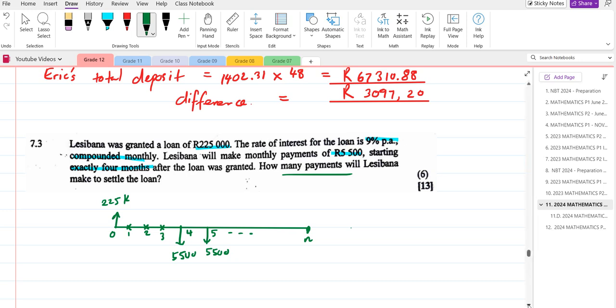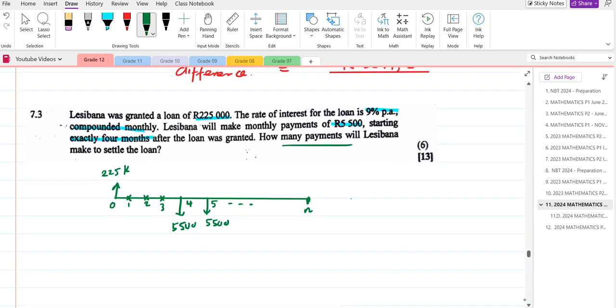It's like she took out a loan. How many payments? Number of payments. We're not calculating the number of months. We just need to work out the number of payments. You never make payments for these 3 months, so you need to accumulate the loan amount here.